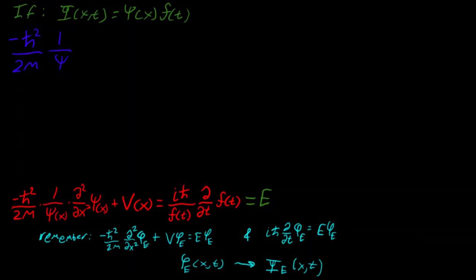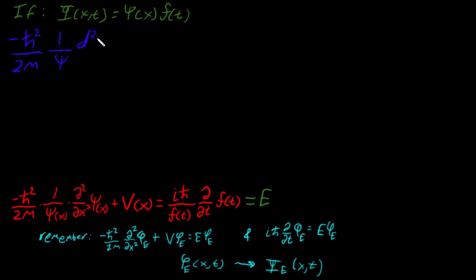Here's one important thing we can do now. We've been dealing with partial derivatives, but that's only because we've had both a function of x and a function of time. Now the equation that I'm writing in blue will only have x in it, we don't need partial derivatives anymore. We can just work with an ordinary second derivative.